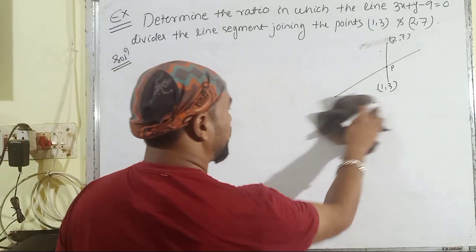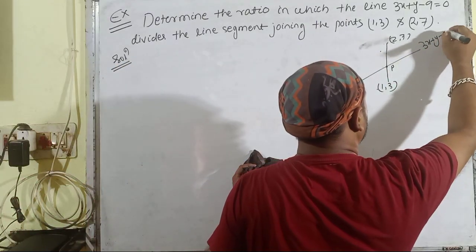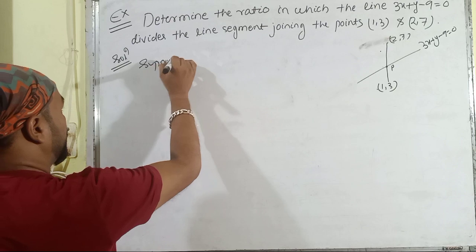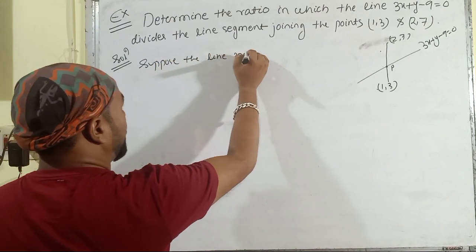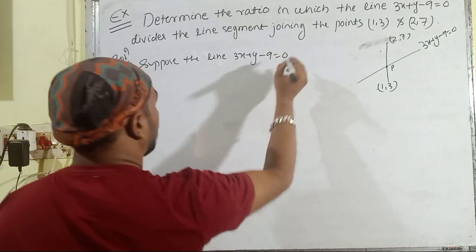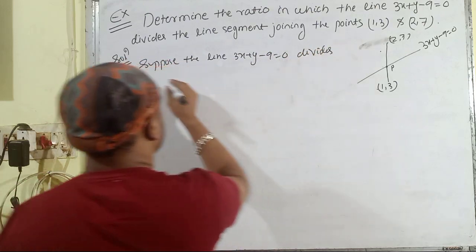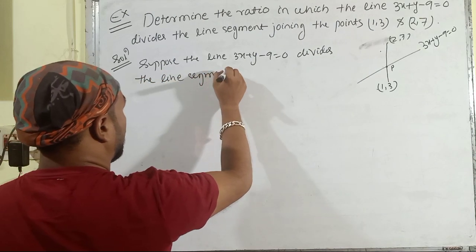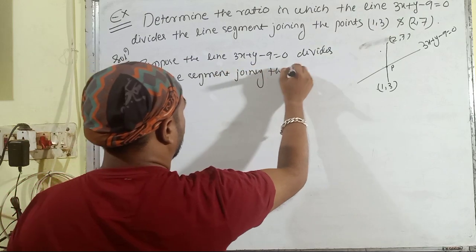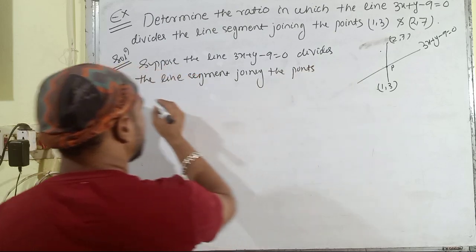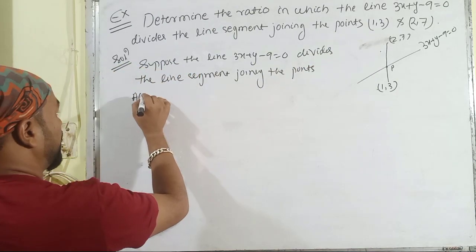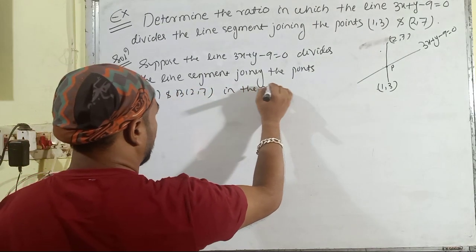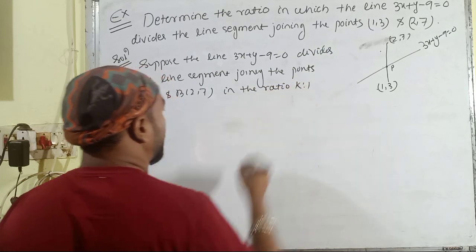Suppose the line 3x plus y minus 9 is equal to 0 divides the line segment joining the points A(1, 3) and B(2, 7) in the ratio k:1, because the ratio is not given.